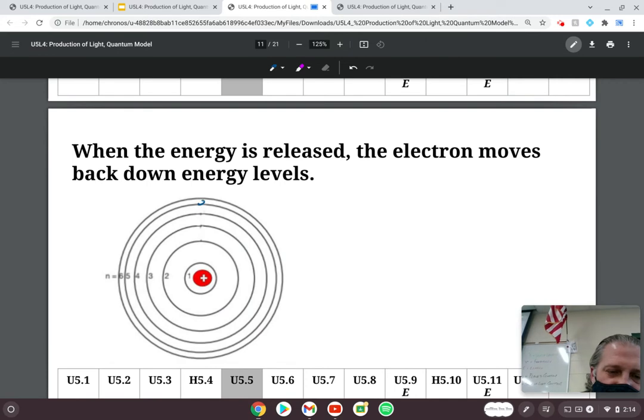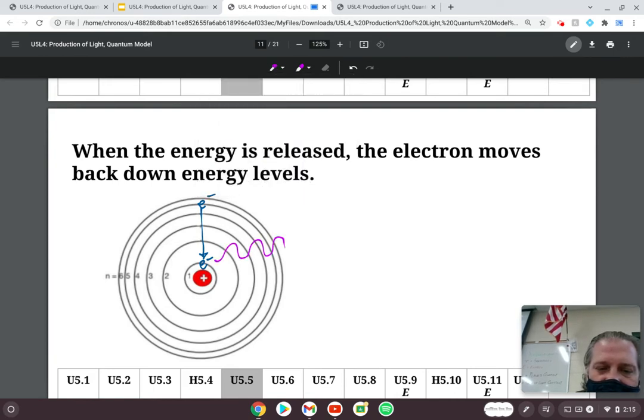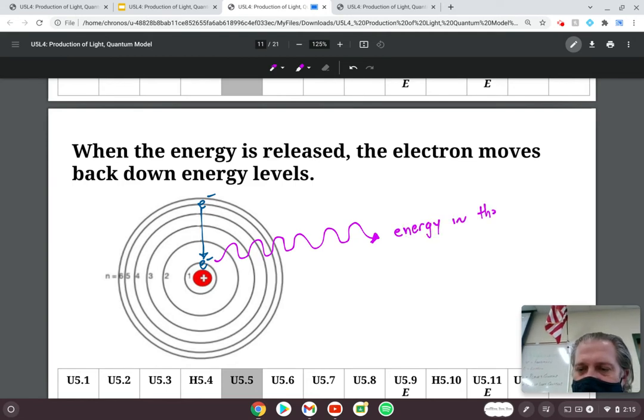Okay, and it's going to come down to its ground state, and when it does that, it's going to give off the same amount of energy. So it's going to give off energy in the form of purple light.